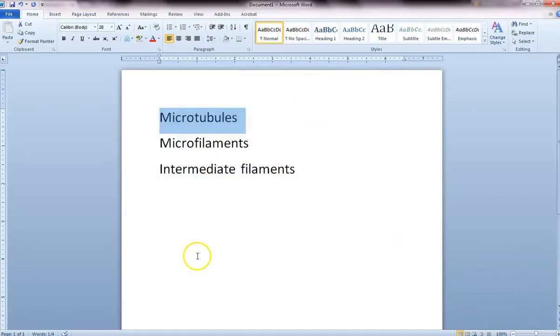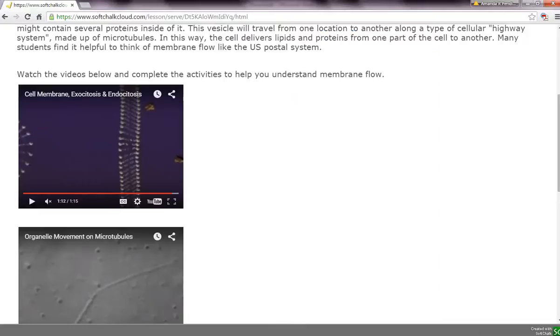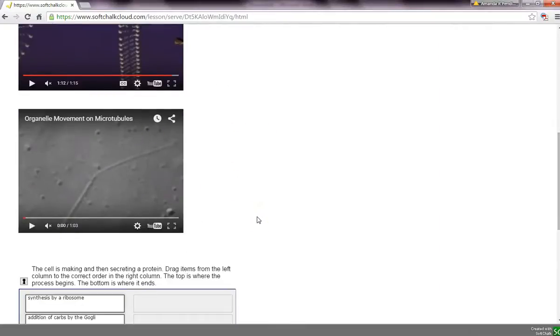Now let me show you a video that's pretty amazing. Okay, so basically they took a cell and they mushed it up, and all of these little circular things here are vesicles. This right here is a microtubule, so you can see it's like a little track. And let's watch what happens.